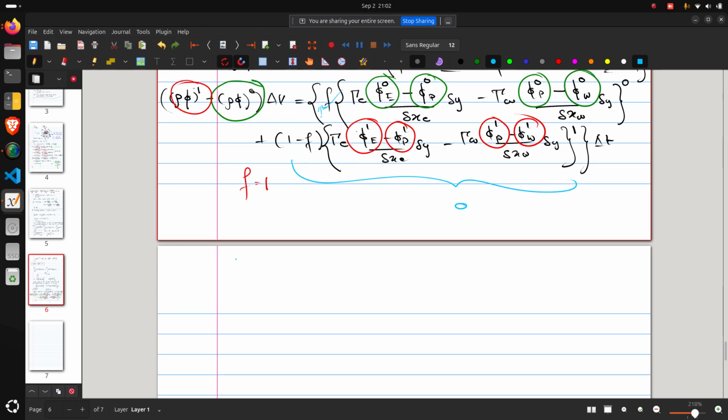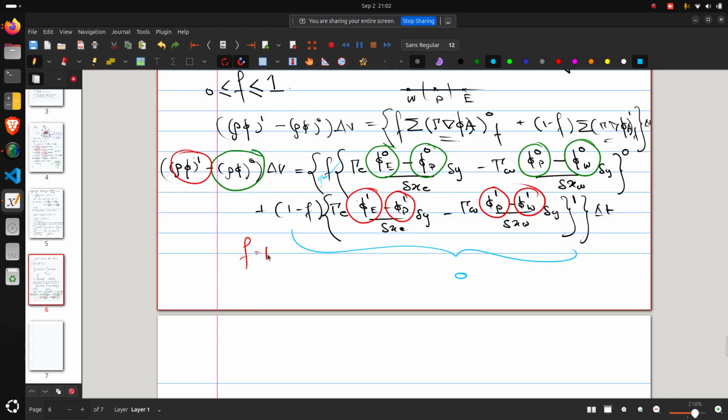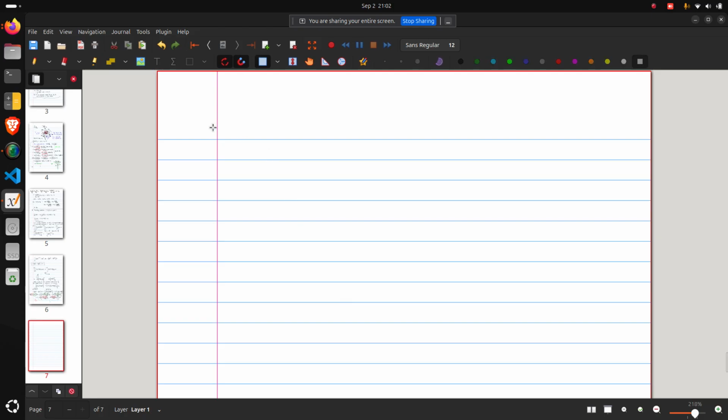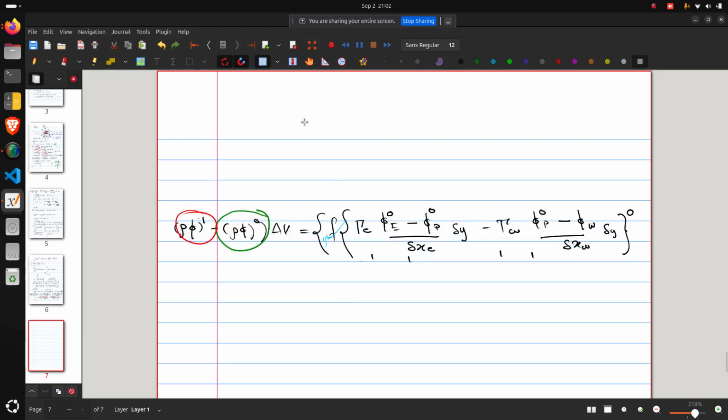So we can see that if we take f equal to 1, then we have something of this kind, right? Delta t, this is not, right?